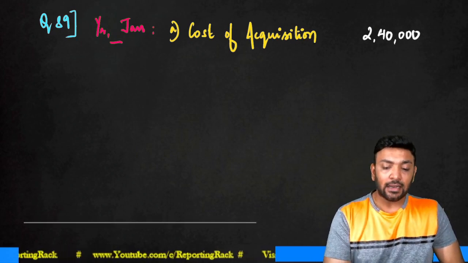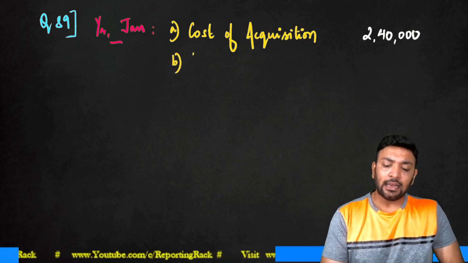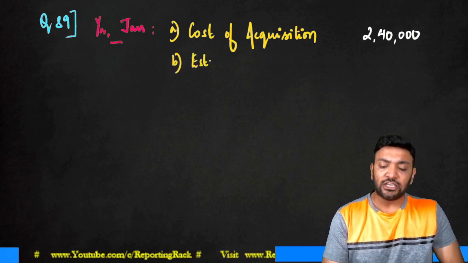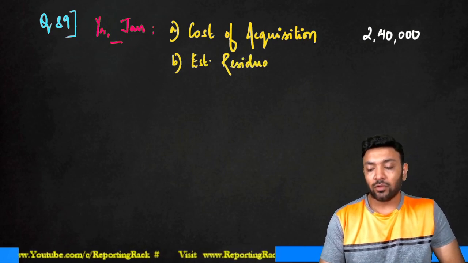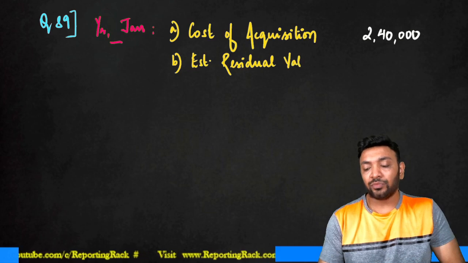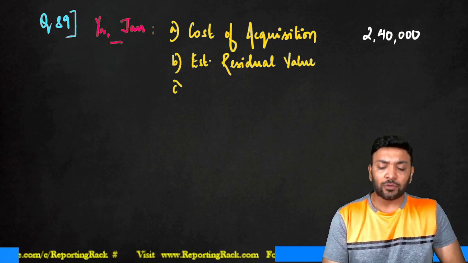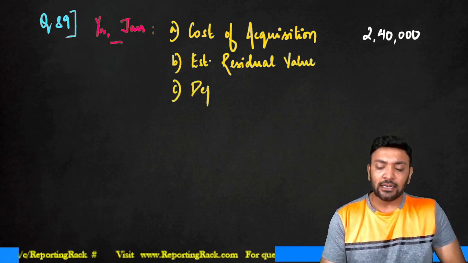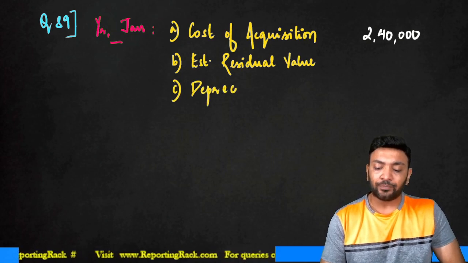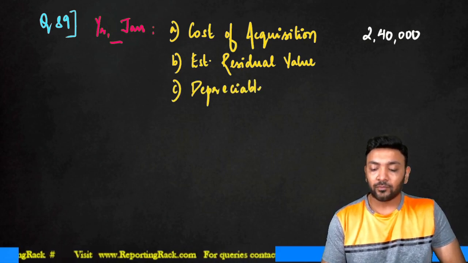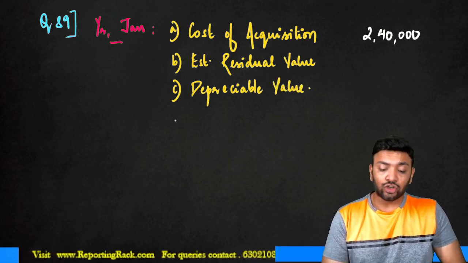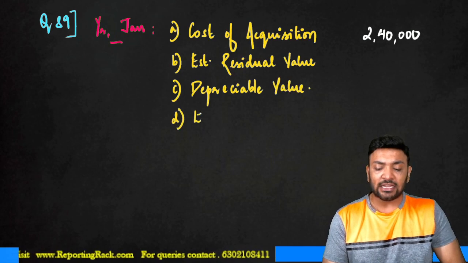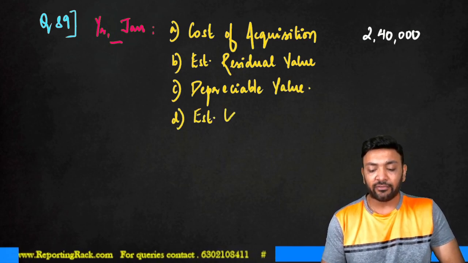This asset had an estimated residual value of 0. Therefore, the entire amount should be considered as the depreciable value of the asset. This depreciable value should be depreciated over the estimated useful life, which was 20 years.